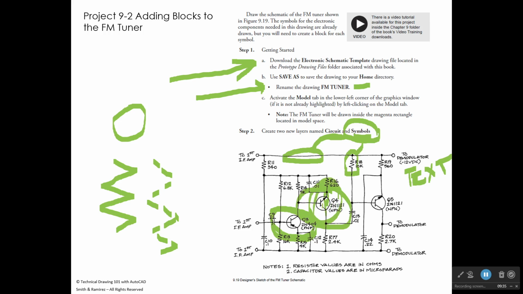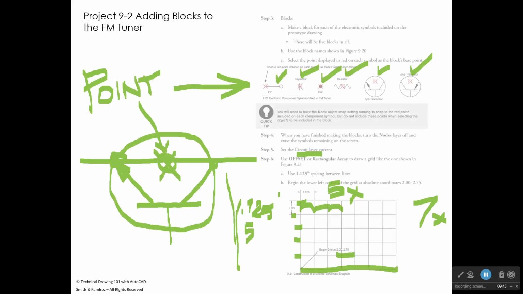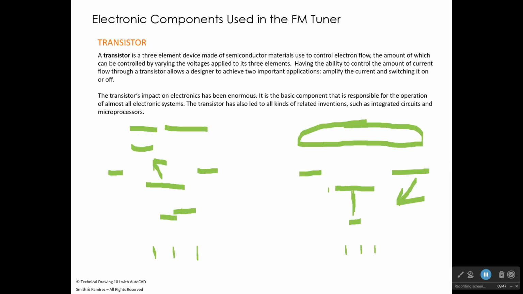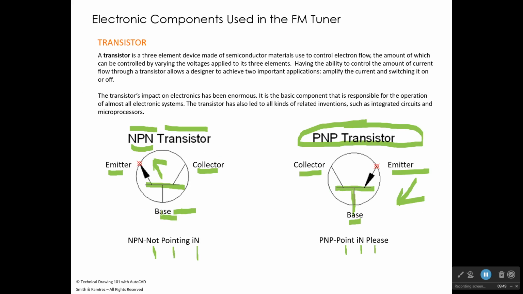Is it "point in, please" or "not pointing in"? Well, it's not pointing in. It's an NPN. All right. And this is an NPN over here. So the orientation of the arrowhead is important. Okay, and you've got to get that right when you draw this schematic, because that would change design intent.